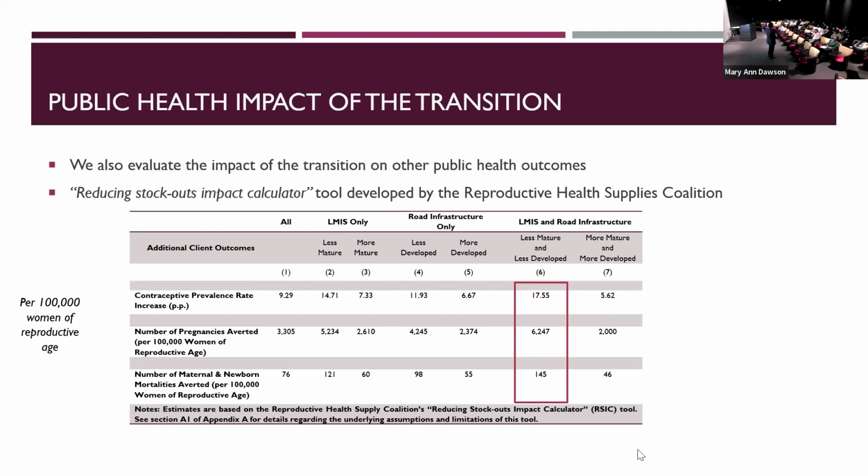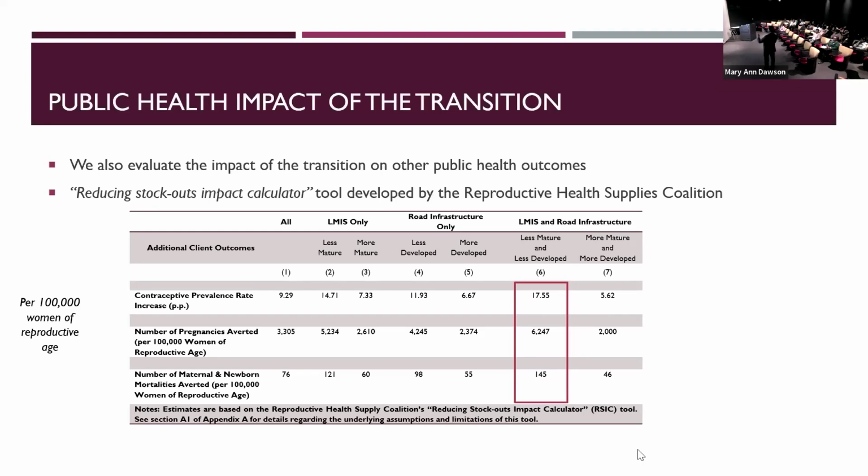So let's say today it is 30% and tomorrow it is 20%. For each of these, you can look at how that translates into health impacts. That is the tool that we leverage, because we can calculate how much stockouts are reducing. We feed that data into this calculator, and that tells us what the public health benefits are of reducing stockouts at last mile facilities.